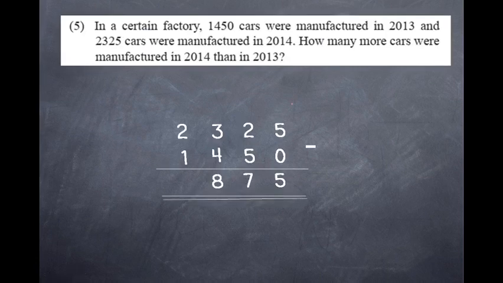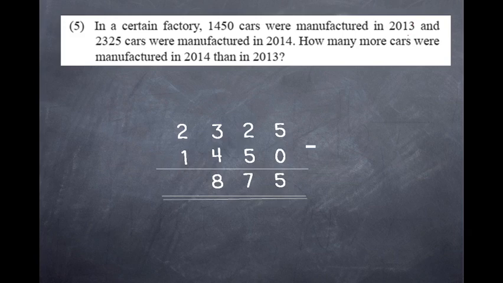Okay, what's the fifth one? In a certain factory, 1,450 cars were manufactured in 2013 and 2,325 cars were manufactured in 2014. How many more cars were manufactured in 2014 than in 2013? So more cars were manufactured in 2014 and fewer in 2013.